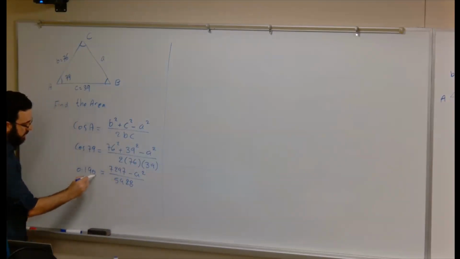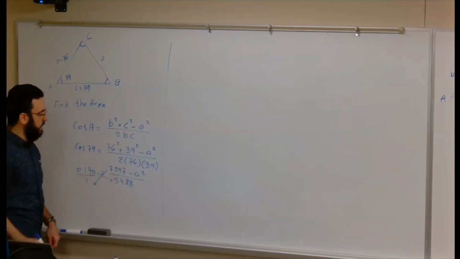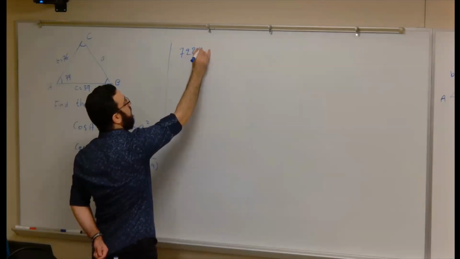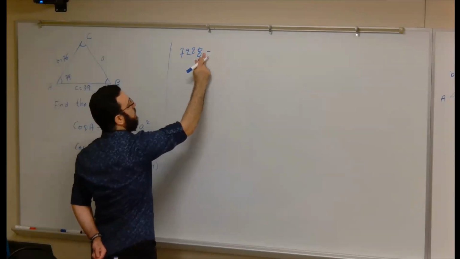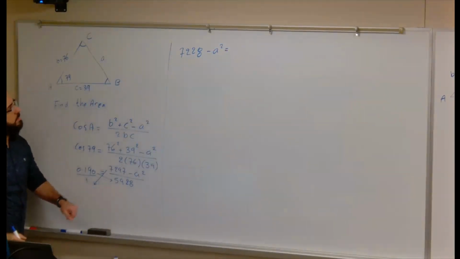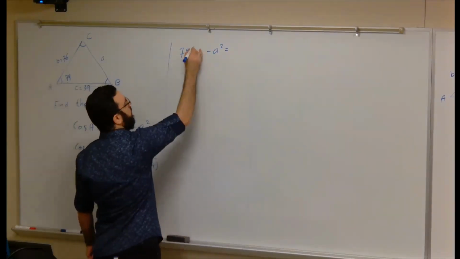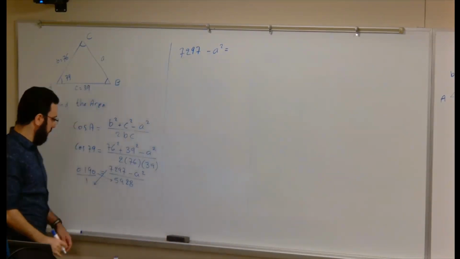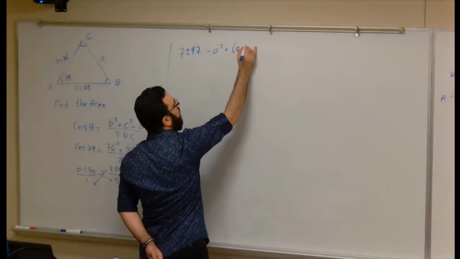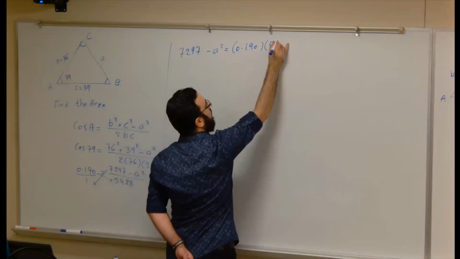Now, again, this is over 1. So you're gonna do the cross. That means 7,297 minus A squared equals 0.190 times 5,928.